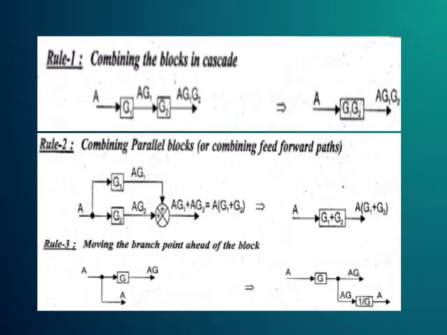It is before the block, and we should move it ahead of the block. When the branch point is moving ahead of the block, then it should be the inverse of the gain. It should be the inverse of the block.